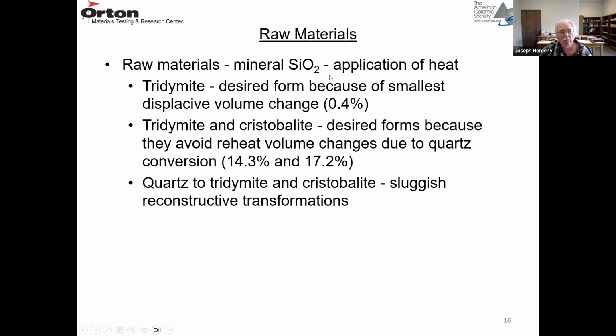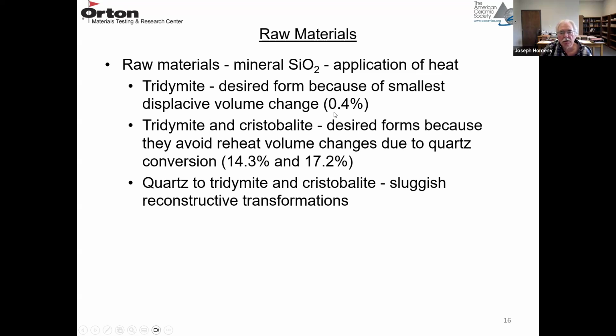So what happens when you take SiO2, the mineral, which is quartz, and you apply heat? I mentioned you want to end up with basically 100% tridymite, because once you form tridymite, you get rid of that large volume change going from quartz. When you heat and cool tridymite, you have the lowest displacive transformation change.